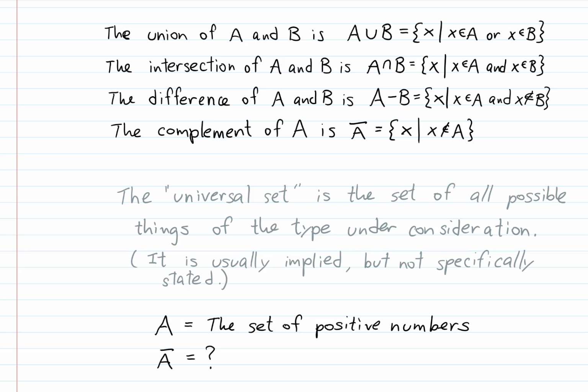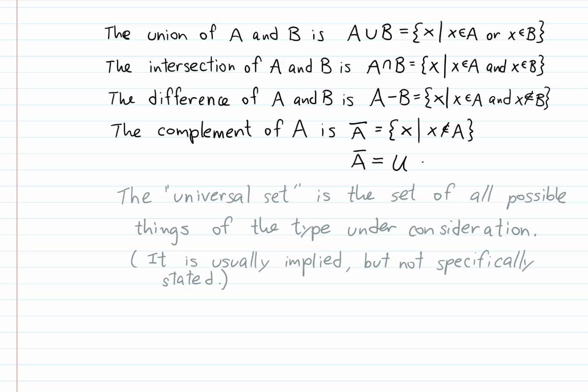But the reason why I wanted to bring it up is because you'll see in the book, it has this definition. It has A complement equals the universal set minus A. Okay, so that means all of the stuff that exists that's not in A, but when I say all of the stuff that exists, it needs to be clear, what are you considering as existing?